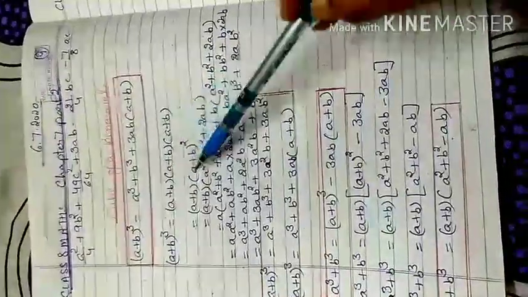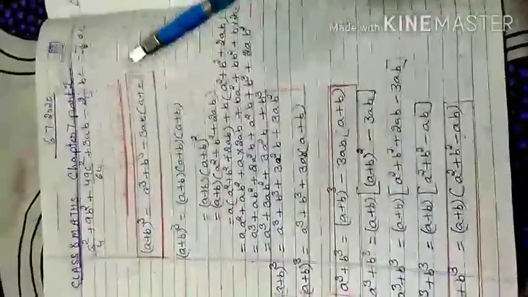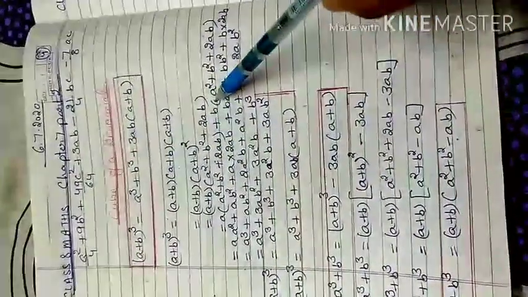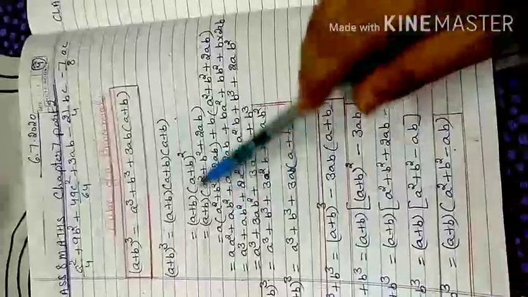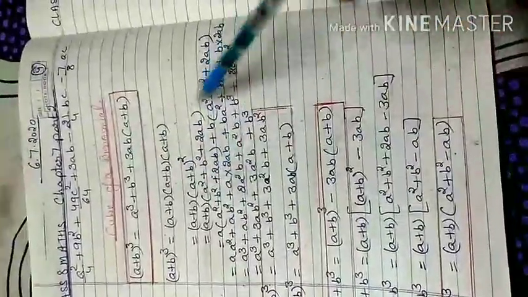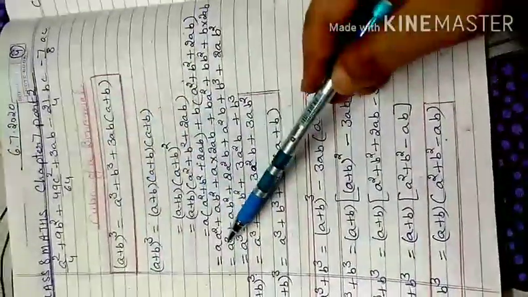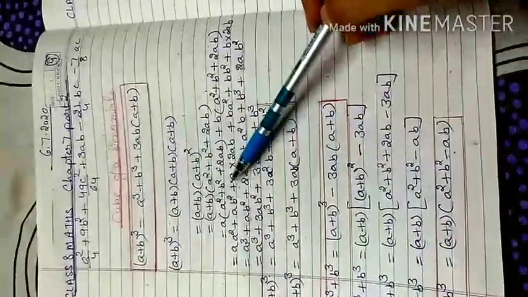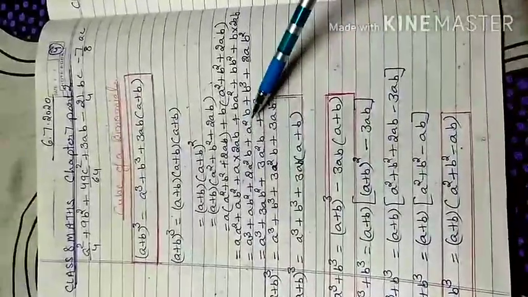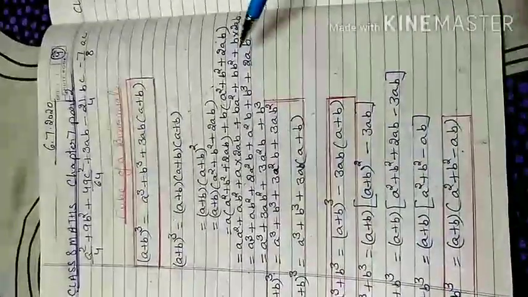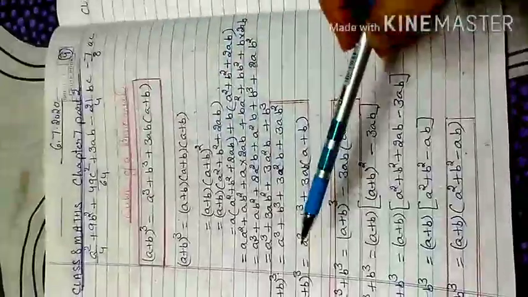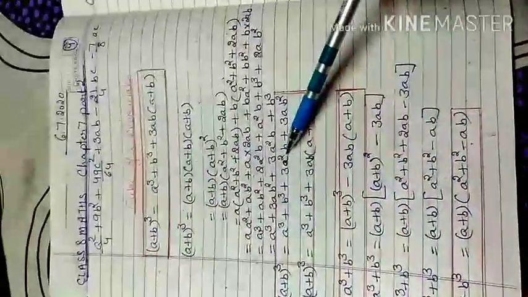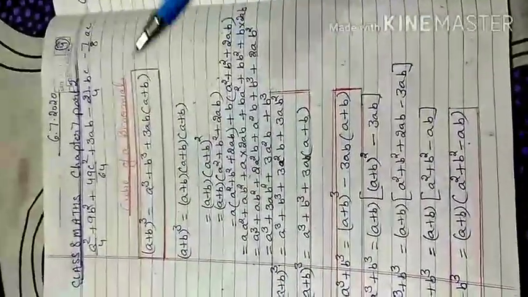Two times is considered as a plus b whole square, and we apply the formula here: a plus b whole square is a square plus b square plus 2ab. So first a multiplies with this whole bracket, then b multiplies with this whole bracket. That gives a cube plus 2a square b plus ab square plus a square b plus 2ab square plus b cube. When you combine like terms, you get a cube plus 3a square b plus 3ab square plus b cube.